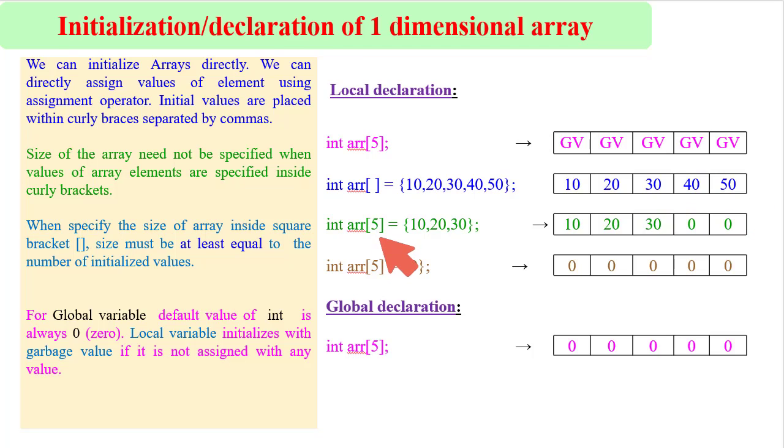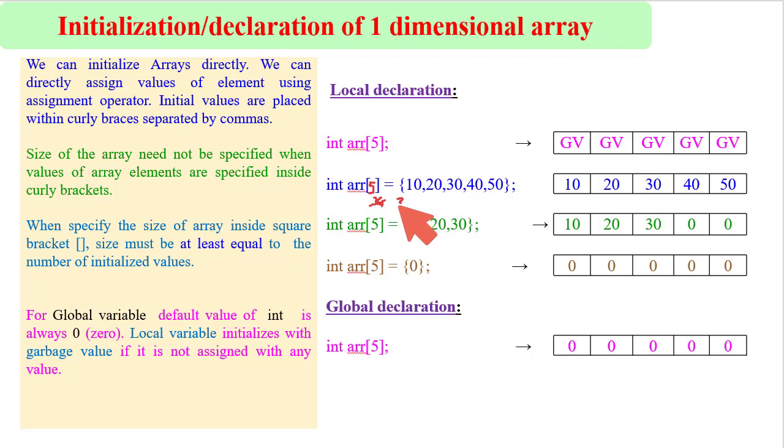When we specify the size of the array inside the square bracket, the size must be at least equal to the number of initialized values. See here, in this case the total number of elements is 5. So if we want to mention the size, we must write 5 or higher than 5. That means we never indicate a value which is less than 5. If we indicate 4, that is not permitted.